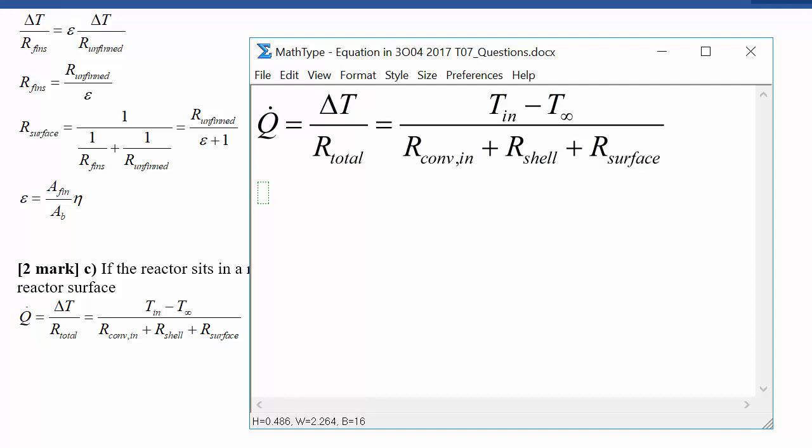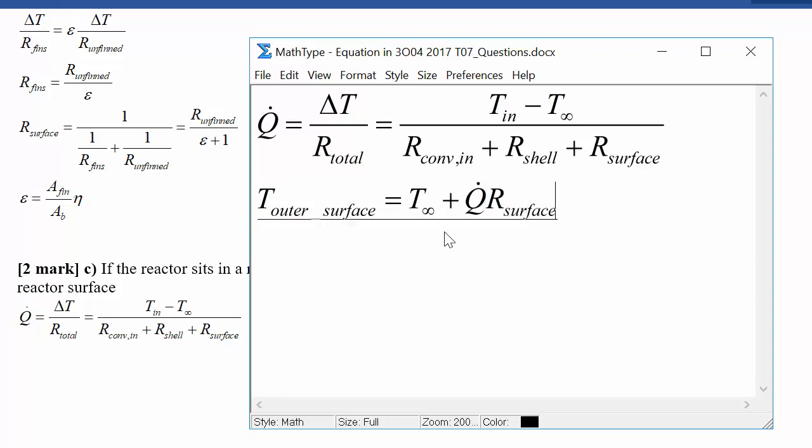So let's say the temperature at the outer surface should be equal to the temperature far away plus the Q dot multiplied by the surface resistance.